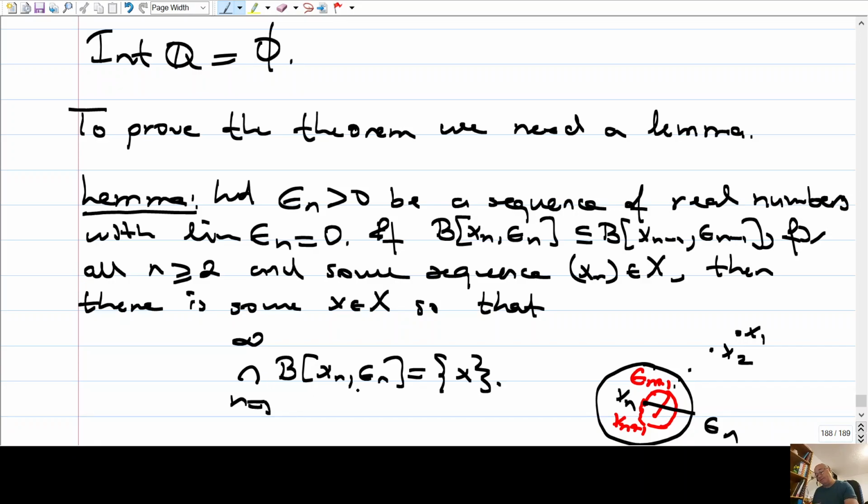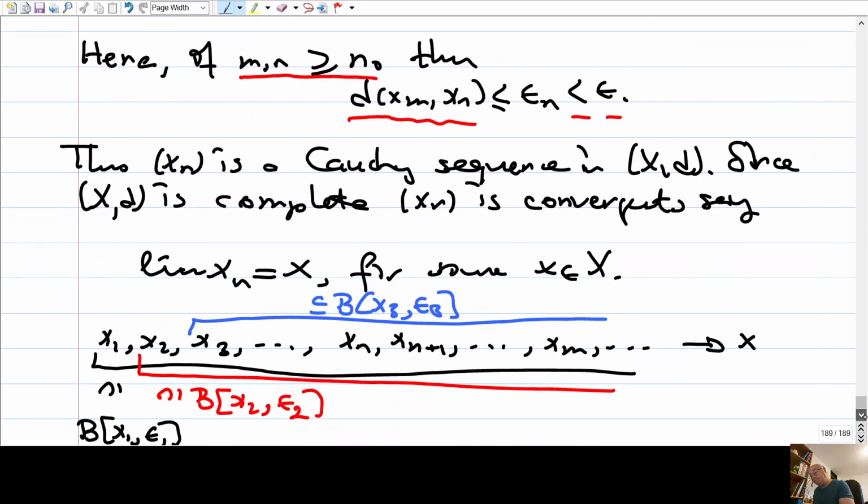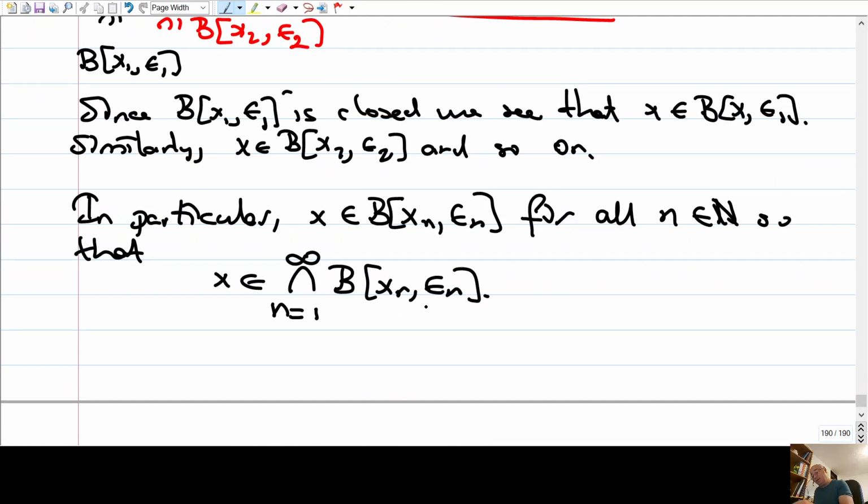But you see, we claim more than that. This intersection is non-empty. It contains a point, but we claim that it contains no other point. It contains only a single point. All right. So we have to show that this intersection contains no other element other than x.